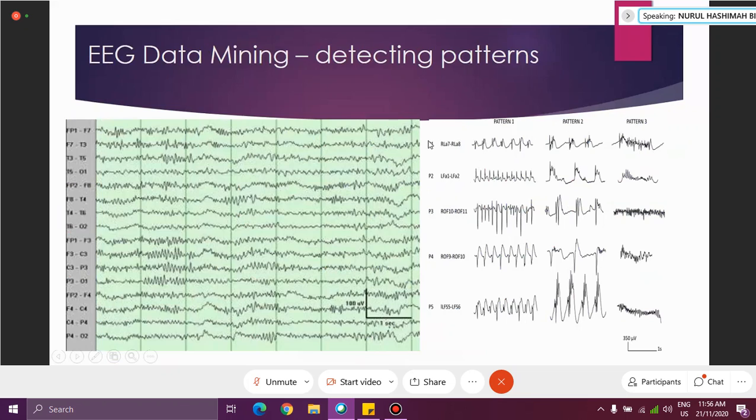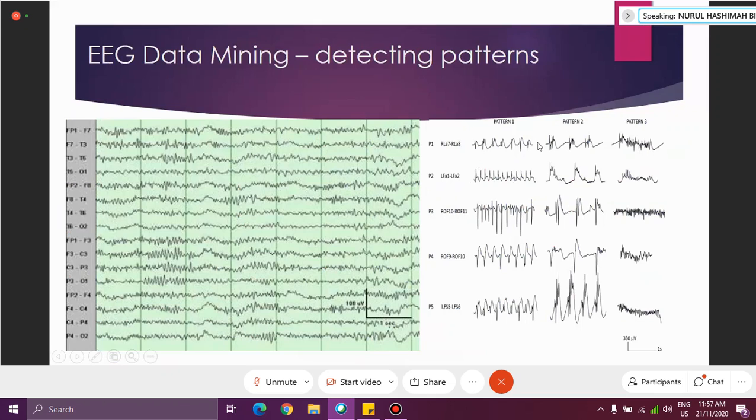So data mining is about going through the whole data. Let's say for each patient you have like 100 files with signals for each stimulus.